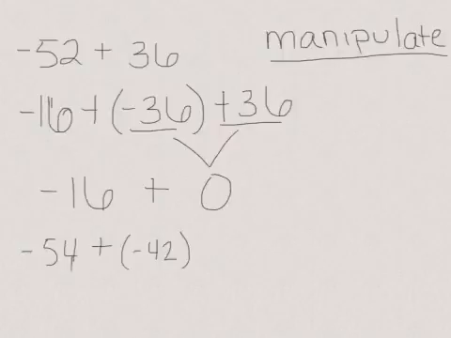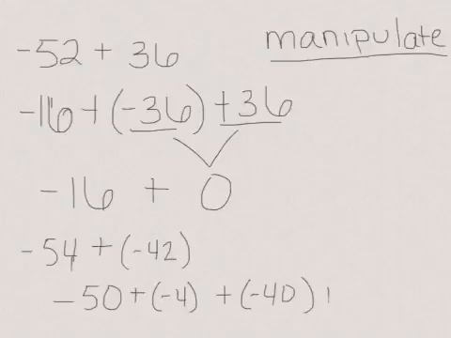And then for this last concept, we'll see that there are no zero pairs made because I'm adding two negatives, and so we would just have to add them. We can manipulate negative 54 as negative 50 plus negative 4, plus negative 40 plus negative 2.